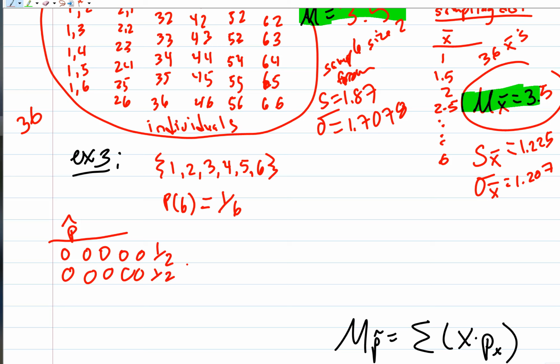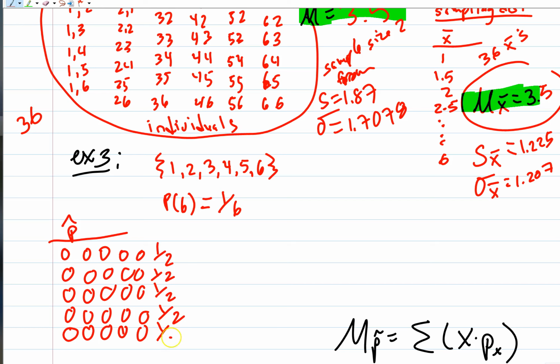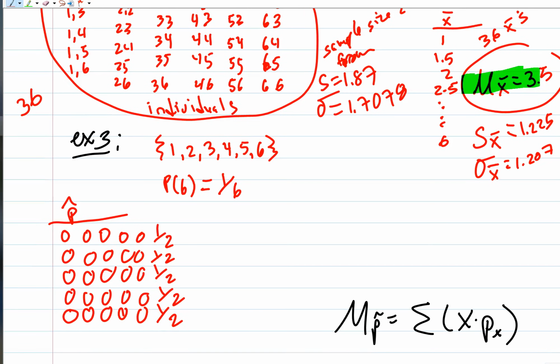This is how many 6's are in those samples, right? 0, 0, 0, 0, 0, 1/2, 0, 0, 0, 0, 0, 1/2, and almost there. And then we got to the 6's and things got exciting, and we said 1/2, 1/2, 1/2, 1/2, 1/2, what? What do you think the mean of these proportions will be?